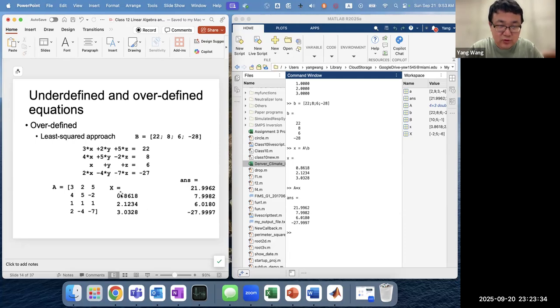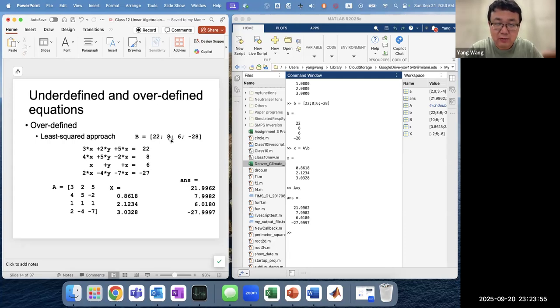If you multiply A by the new x, this is what we get: 21.99, 7.99, 6.01, minus 27.99. It is very close to this result, but it's not going to be exact.